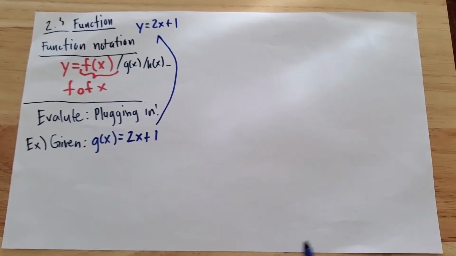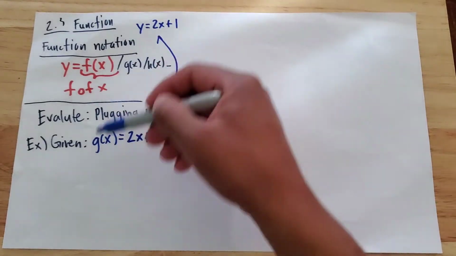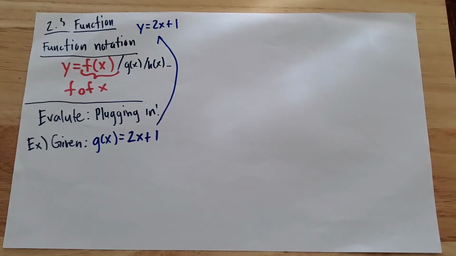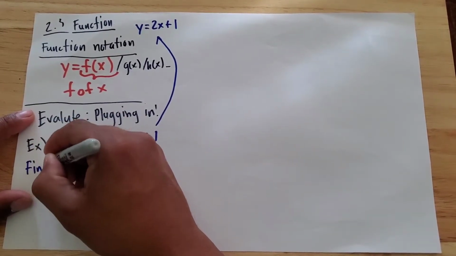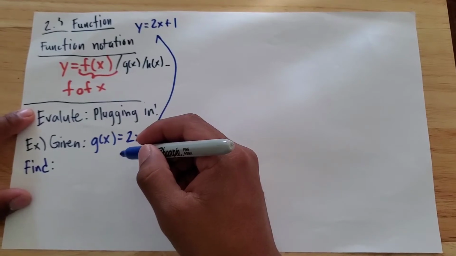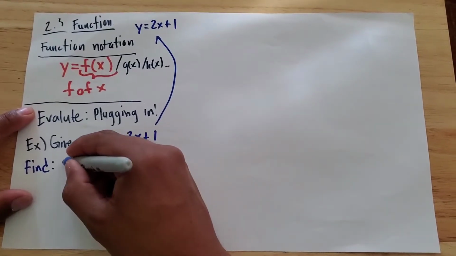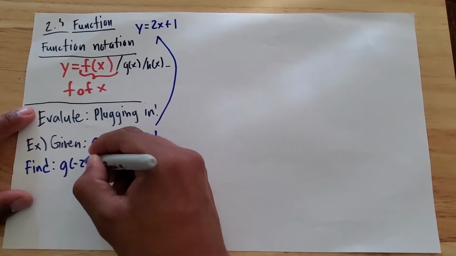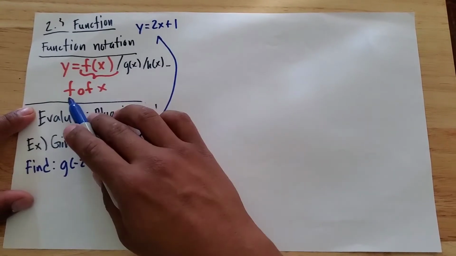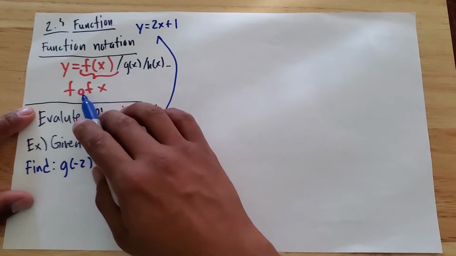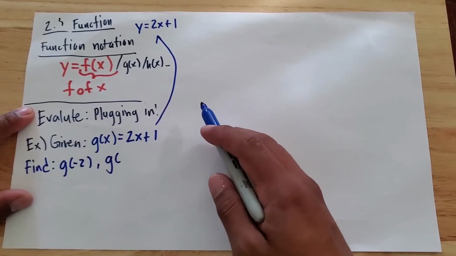So that's the only thing that's changing, the notation of y. x is still staying the same. But given this function, we can be asked to find the following, and this is what evaluation looks like. We can be asked to find g of -2.